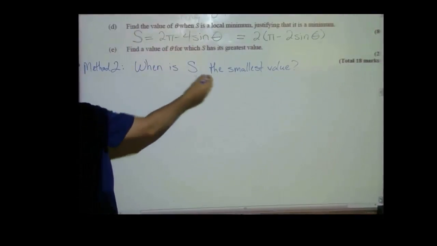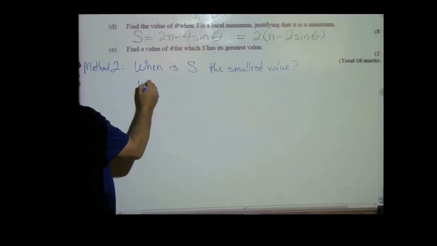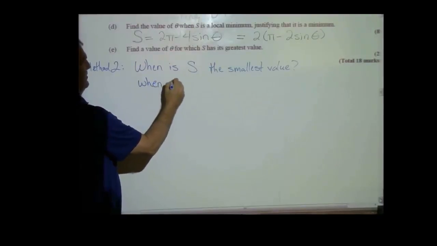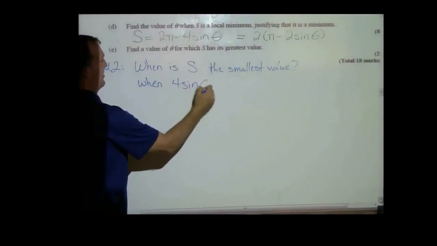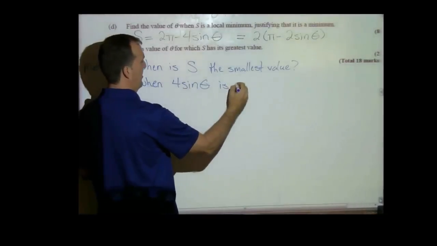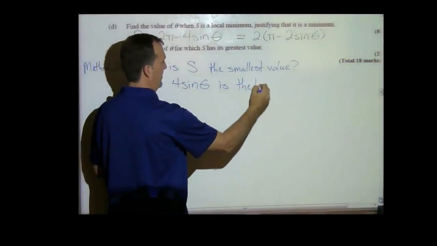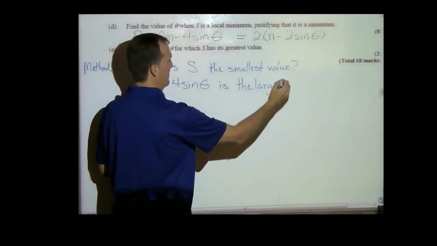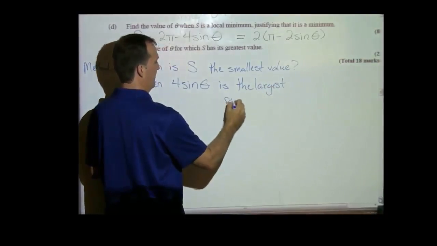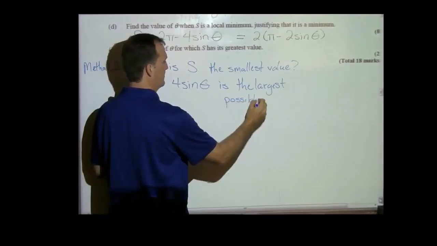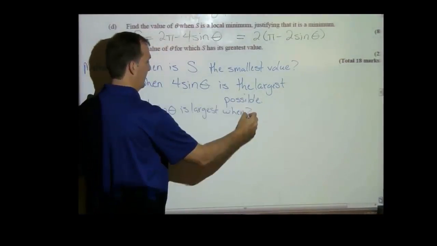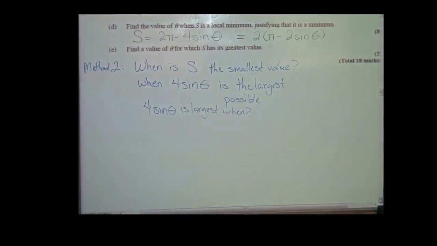So when is S the smallest value? When 4 sine theta is the largest possible. When is 4 sine theta the largest possible?